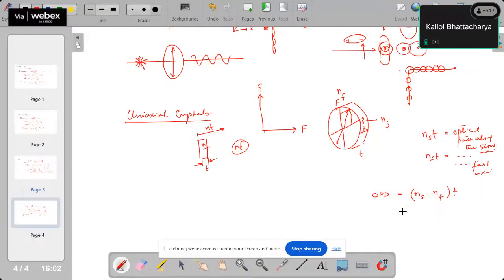This is equal to delta n into t, and this delta n is what is known as birefringence. The difference of refractive index along the two principal directions is called birefringence. What are the principal directions? The principal directions are the directions along which the refractive index varies maximally.